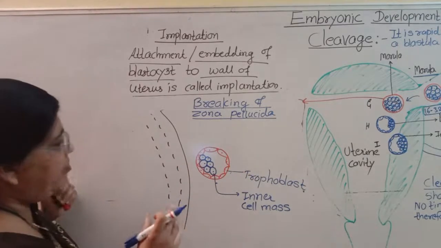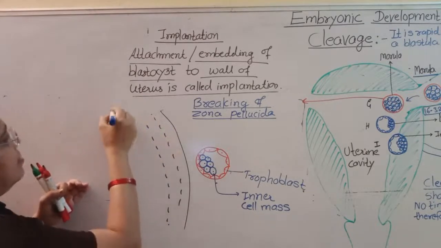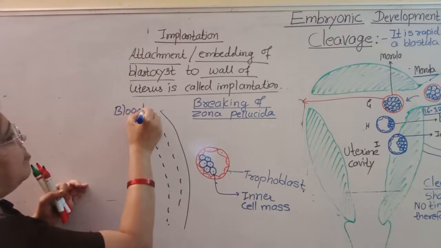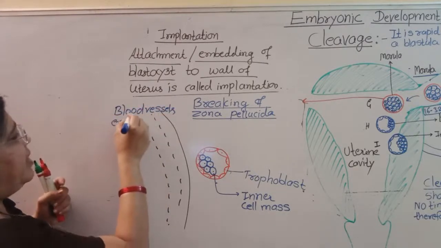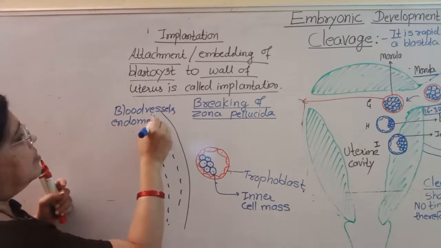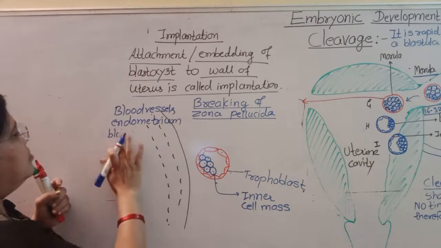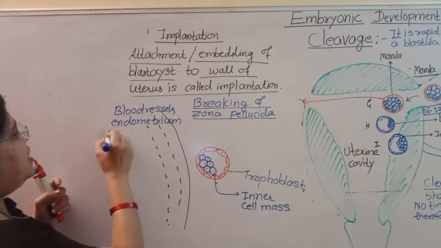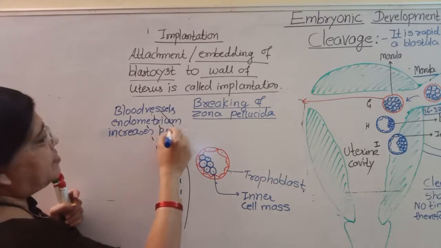So at the time of implantation, the blood vessels and endometrium increase permeability.